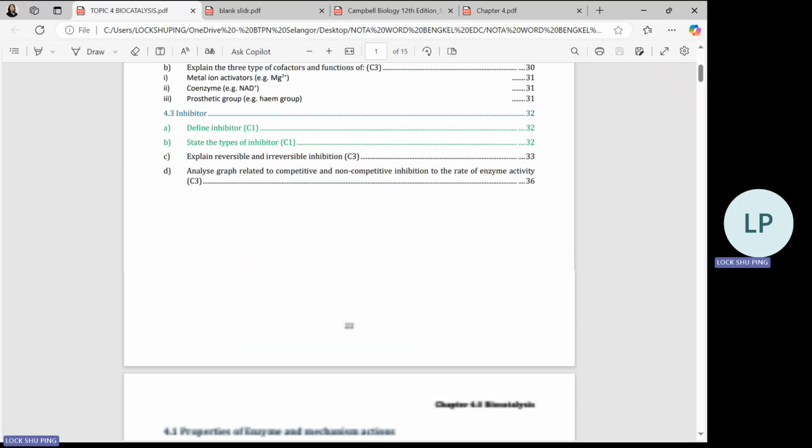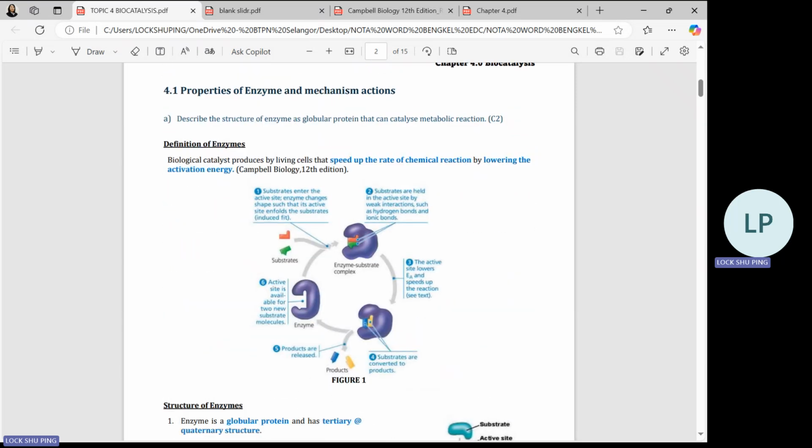Okay, so first of all, what is the enzyme? Enzyme, or another name for the enzyme, we call them biocatalysts. Biocatalysts refer to an organic molecule, or another way, a protein which is able to speed up.